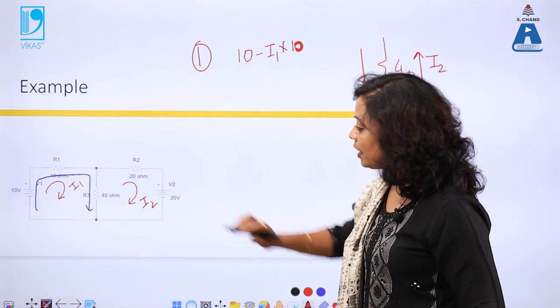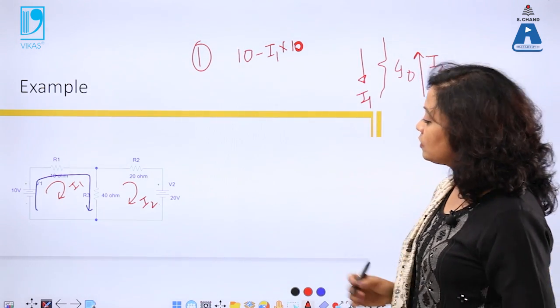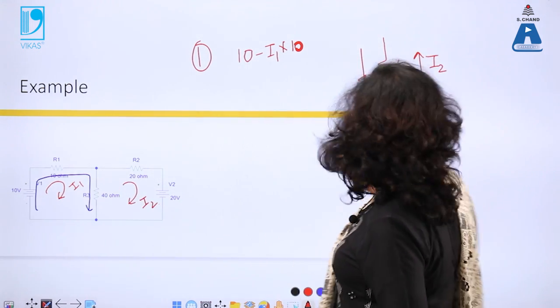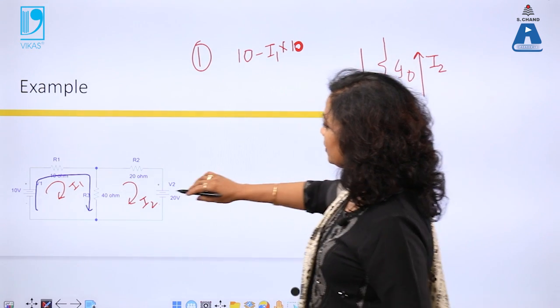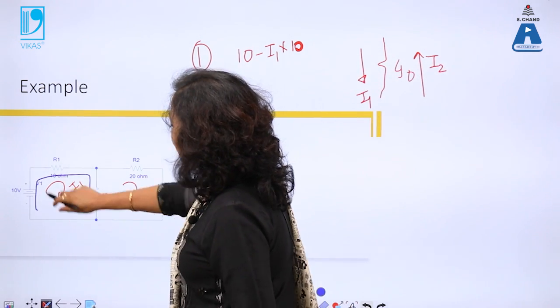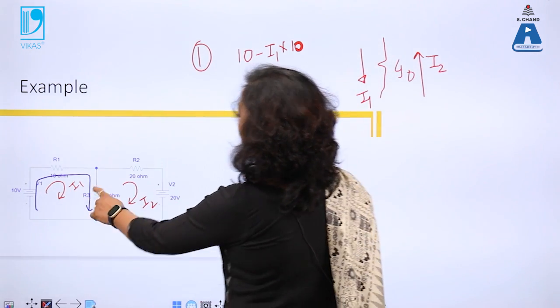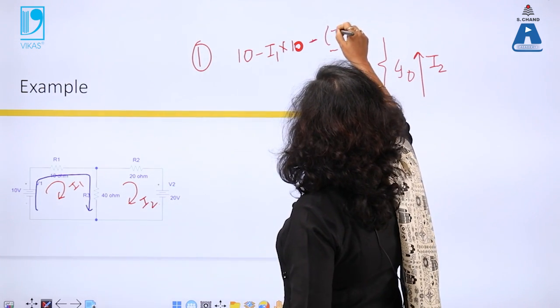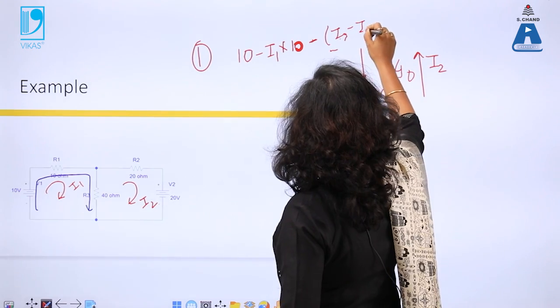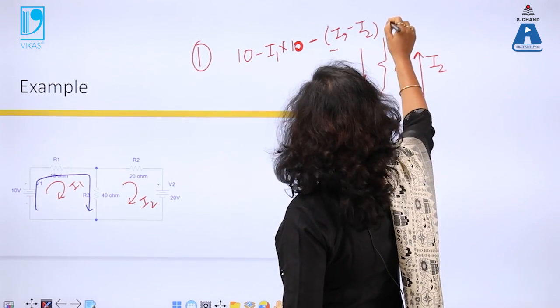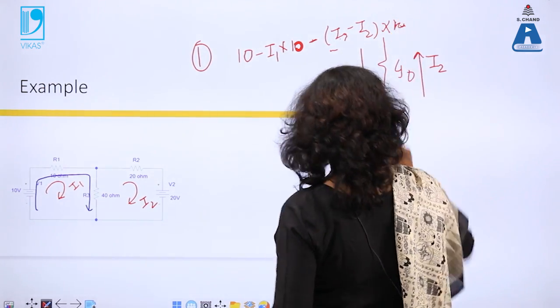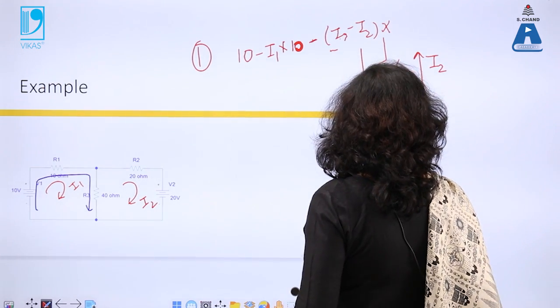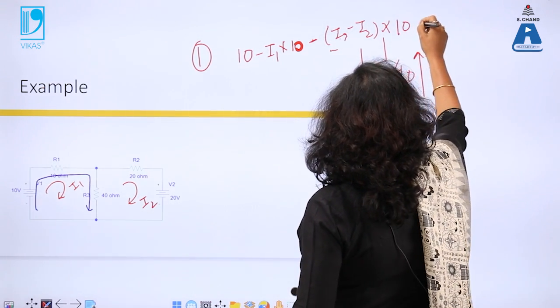But for this particular case, I have taken these as opposite in the common branch. So what will be the current? Because I am solving the first loop, I am taking I1 greater than I2. So I will write minus I1 minus I2 into 10 is 0.